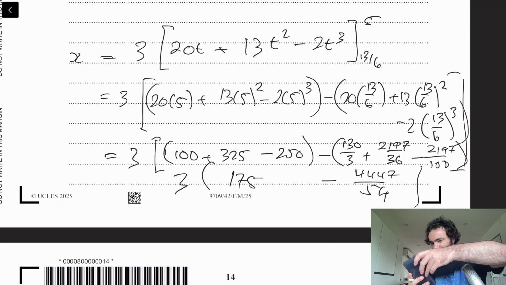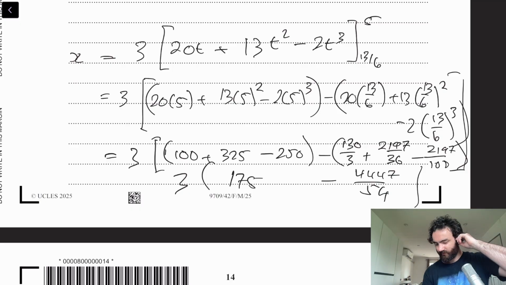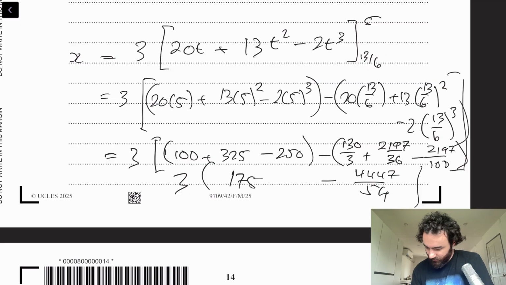I'm not feeling like this last part was correct. 13 over 6 to the power of 3. God, this arithmetic is so much. 2197 over 108. 13 over 6 squared times 13. 2197.